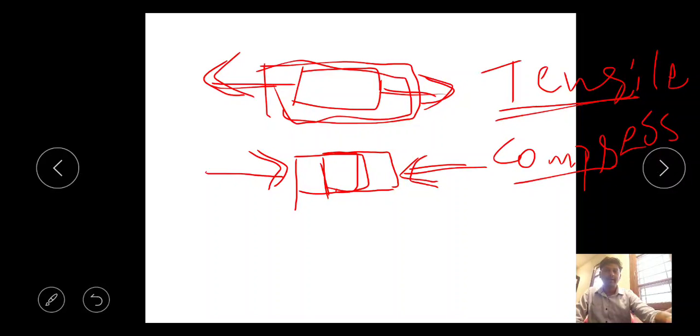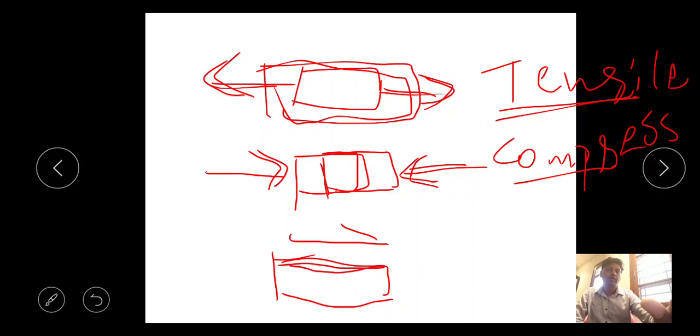If I take one more example, say the component is like this, and I apply a force on this area, or if I apply a force here, then such a type of stress is called shear stress.